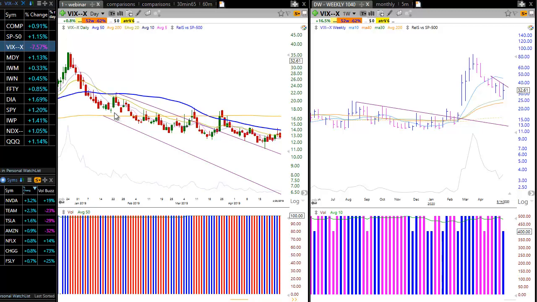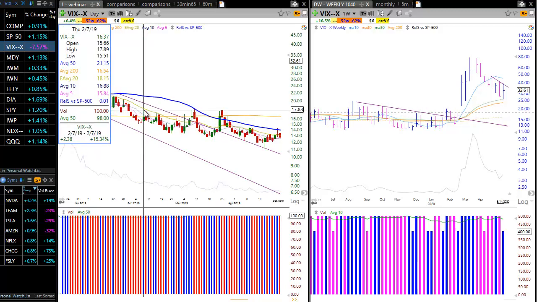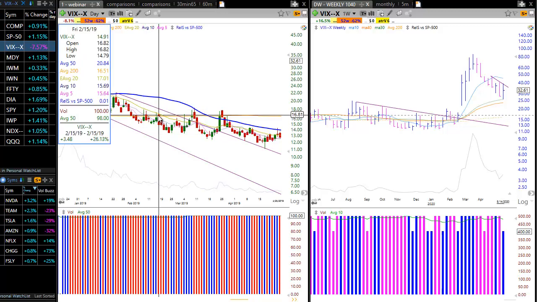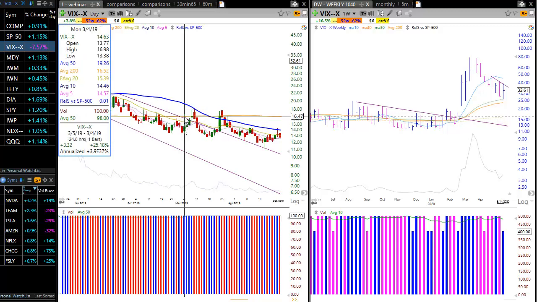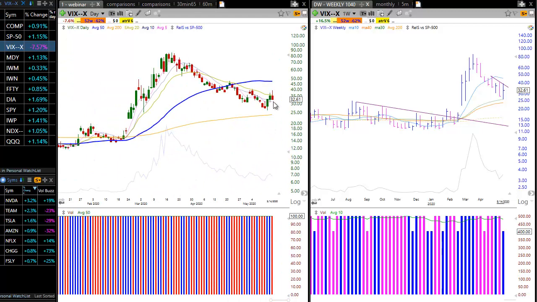So on 2 to 3 day pullbacks, we're seeing spikes into the high 20s, 17, 16, again, 17 area. So instead of bouncing into 17 or 20, the VIX is bouncing into 35 and 40 here. So just a heck of a lot of volatility out there.